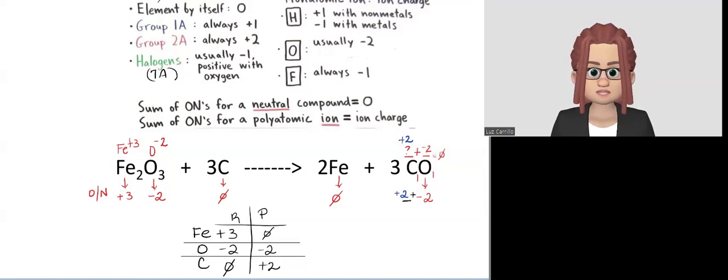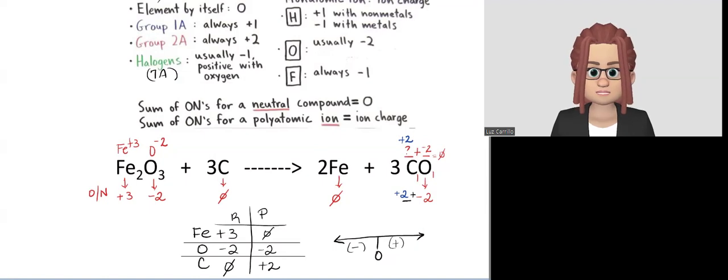Next, in order for me not to get confused of who gained electrons and who lost electrons, I like to write a number line in which, if this is 0, all the values that are positive are to the right of the 0 and all the negative values are to the left of the 0.